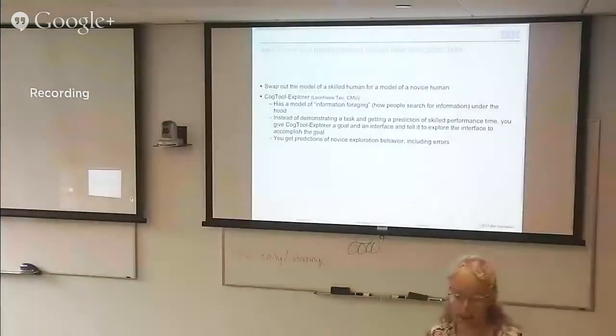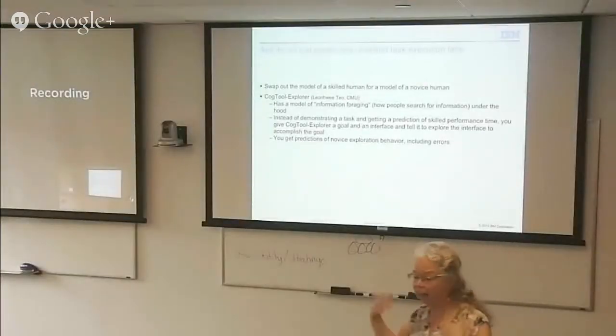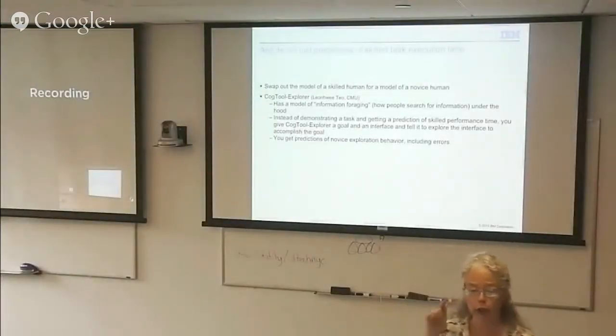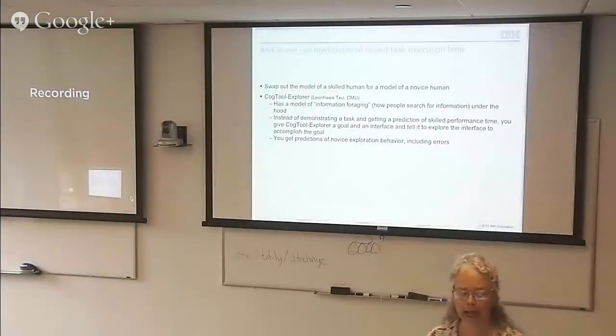You type in a little sentence or paragraph about what the goal is, and then you say go. Or you say this is the start screen, this is your goal, go. And it uses this model of novice humans under the hood to start clicking on stuff. And so what you get is predictions of novice behavior.